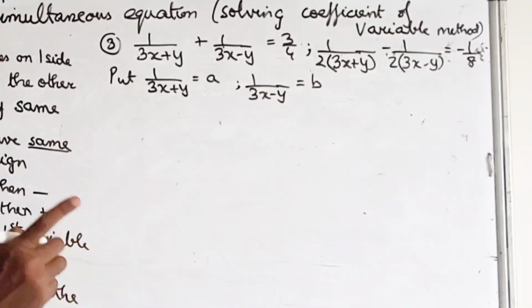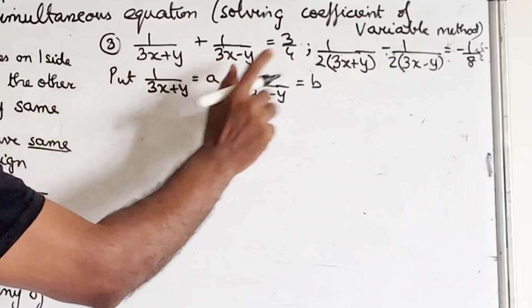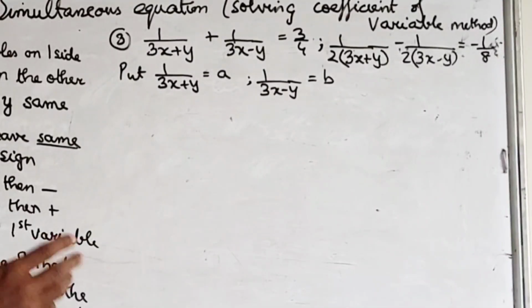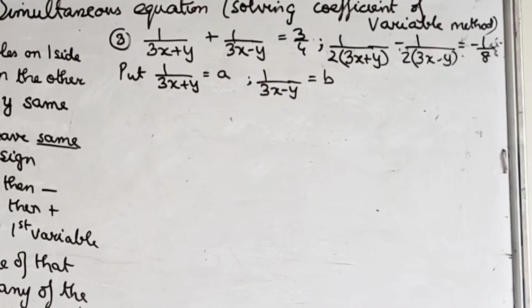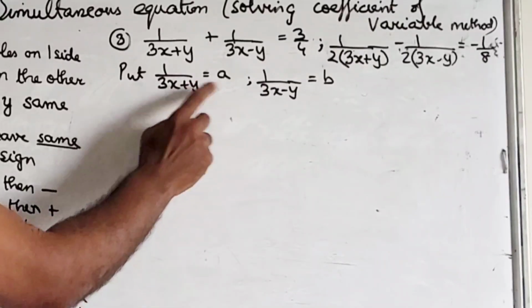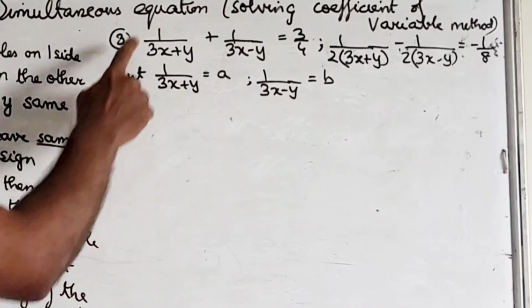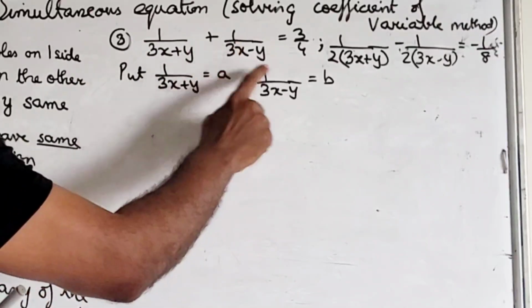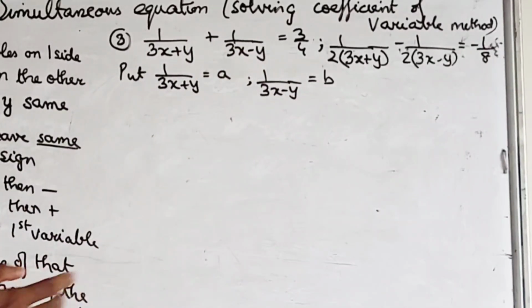Remember, whatever is over here, the other side also will give you the same thing. So in the first step, we need to substitute the variable with some other alphabets. So for 1 upon 3x plus y, we'll put a, and for 1 upon 3x minus y, we'll put b.